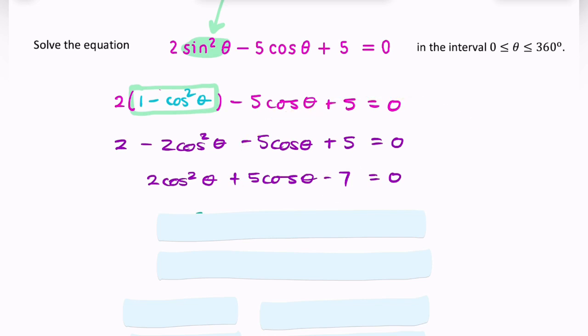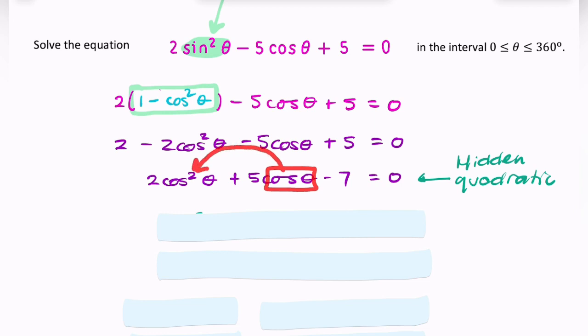So now what we have is a disguised or a hidden quadratic. Even though it might not look quadratic, it is, because this squared is here. So if we called this variable x, then this would be x squared.